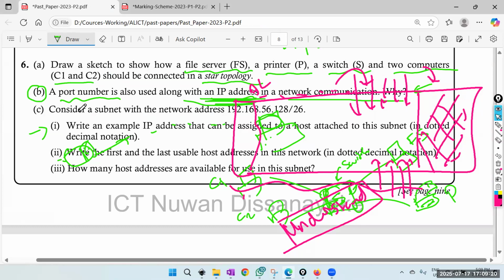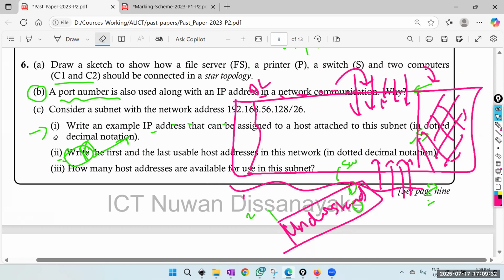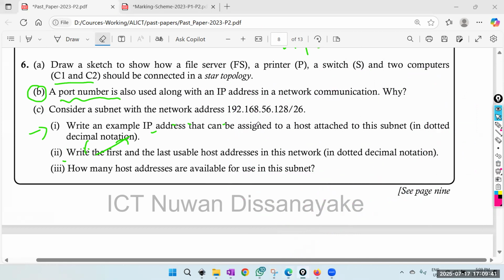Right. Next one. Consider the, sorry, C part. Consider the subnet with network address 192.168.56.128/26.